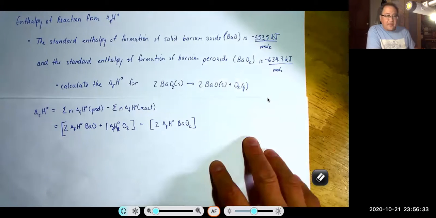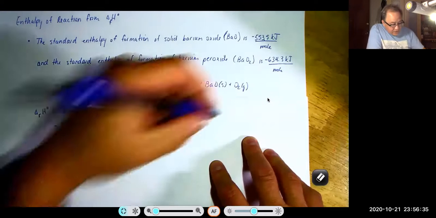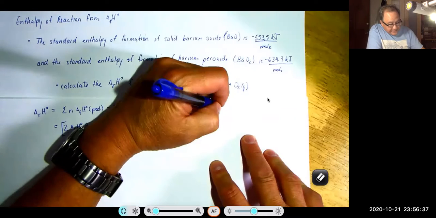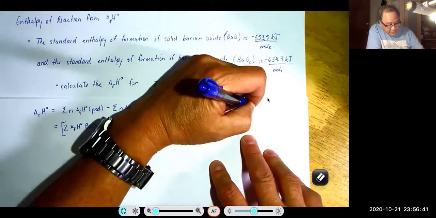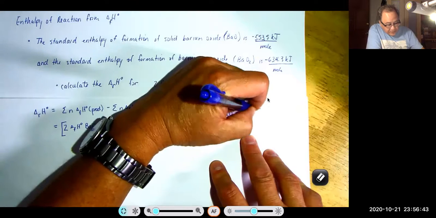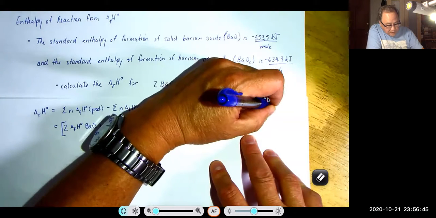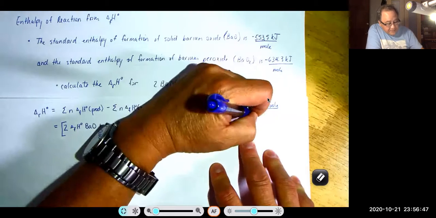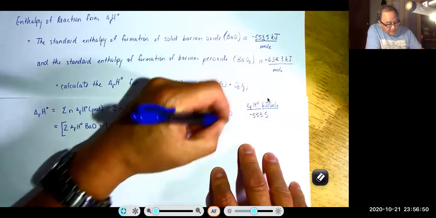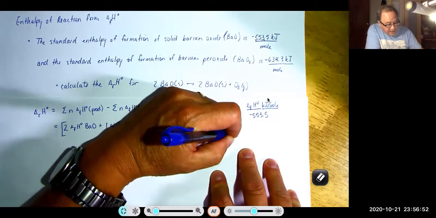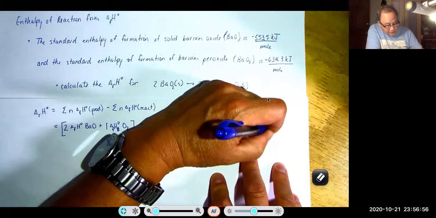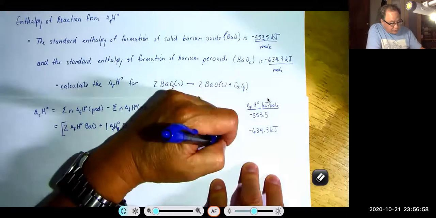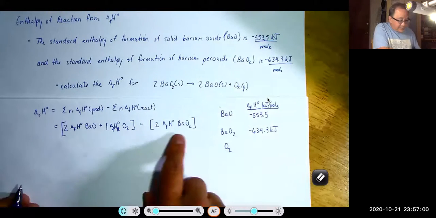Okay, so let's go ahead and look up these numbers. So we have that the barium oxide, the enthalpy of formation in kilojoules per mole is minus 553.5. Barium superoxide is minus 634.3 kilojoules.